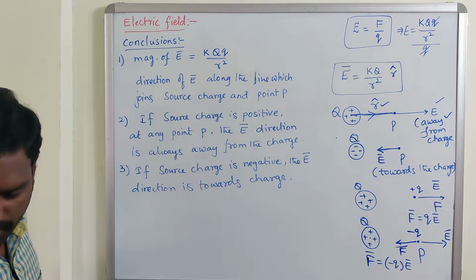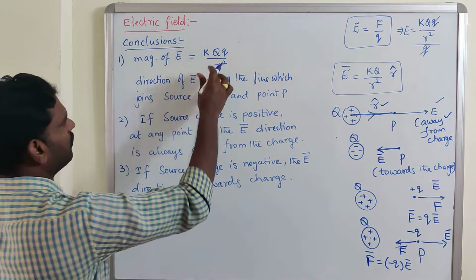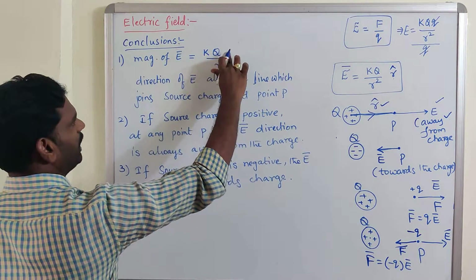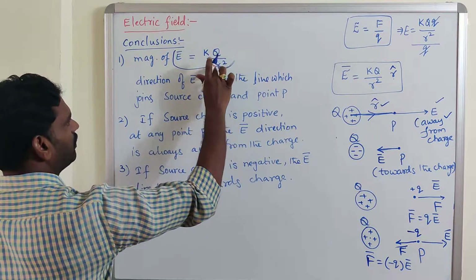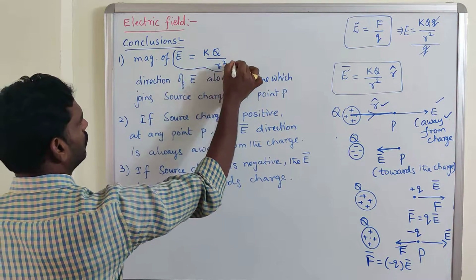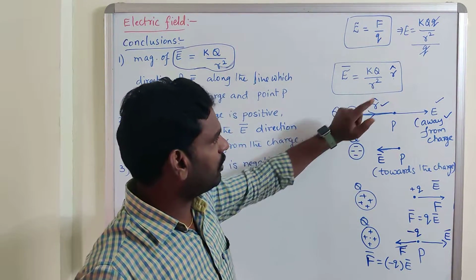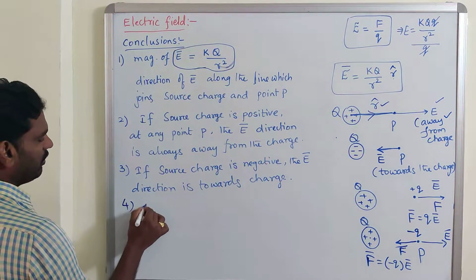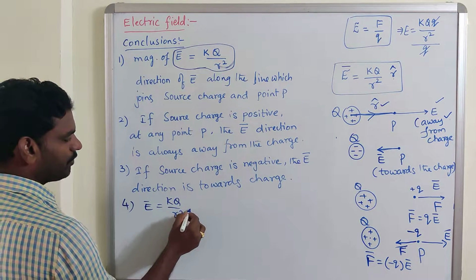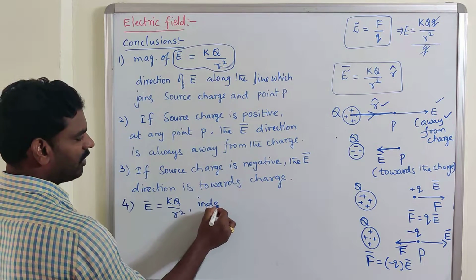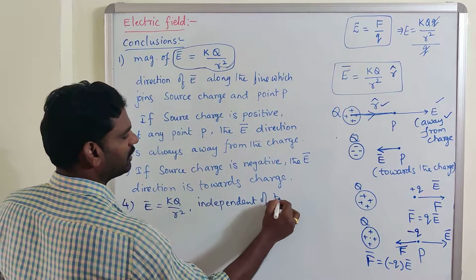Next, another conclusion. The magnitude of electric field is only kq by r square. Magnitude is kq by r square only. Magnitude of electric field equal to kq by r square. It is independent of test charge.